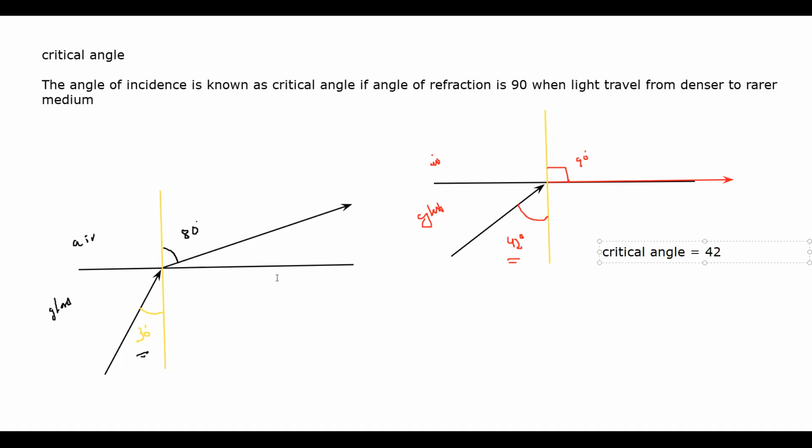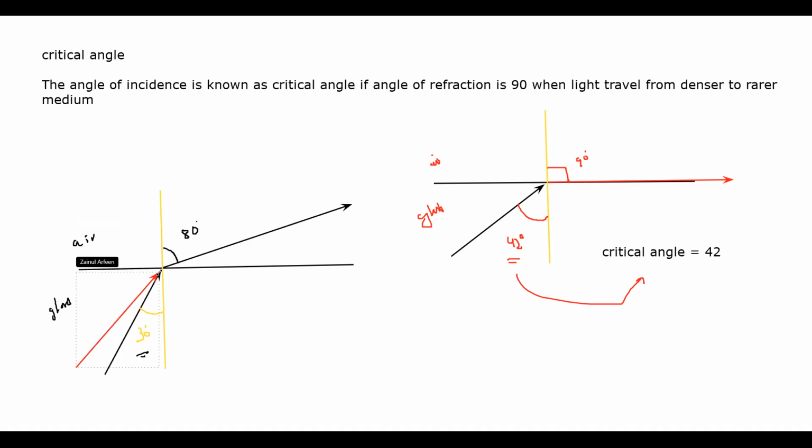So when we increase the angle of incidence, the angle of refraction will also increase. At a certain angle, all of the light will travel along the surface or along the boundary, and we call the angle of incidence a critical angle. If I increase this angle more, the angle of refraction will also increase, and eventually the angle of refraction will be 90.